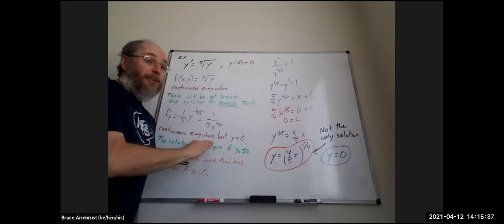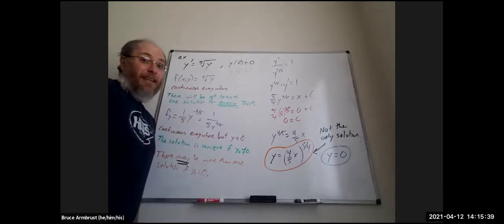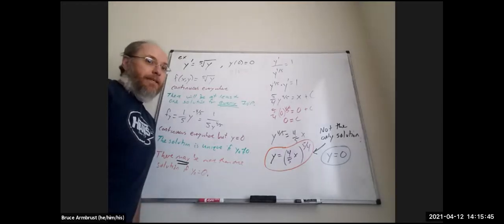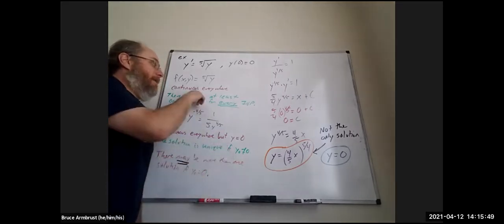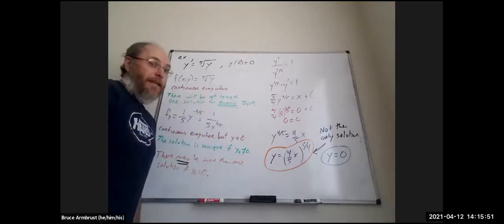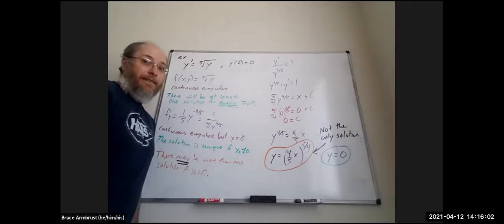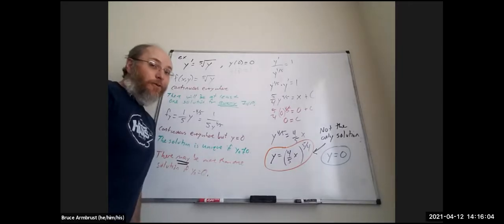It's those other places that we don't like, because these theorems tell us absolutely nothing. They don't tell us the opposite. If we had a place where it wasn't continuous, that doesn't mean there isn't a solution. It just means we're not guaranteed it. f sub y not being continuous doesn't mean it's not unique. It just means we don't know that it's unique.